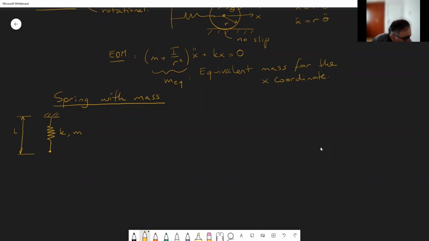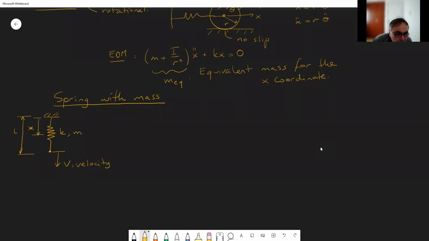This end has a velocity of v, and the displacement of an arbitrary point of the spring we call x.